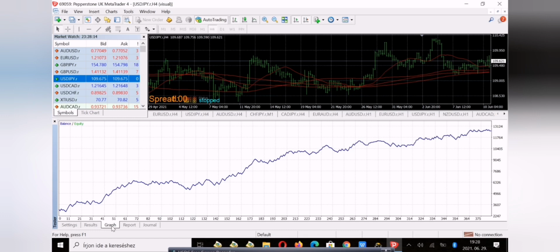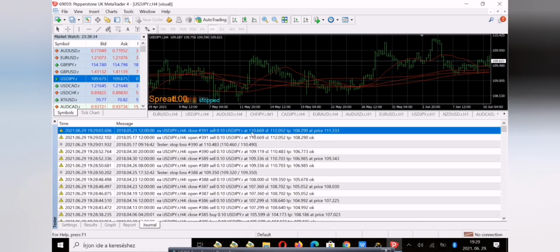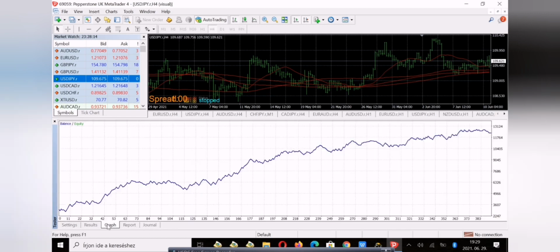But these parameters are really helpful when you want to forward test and optimize, and then forward test your EA to train it to the live markets, because it is proven that these parameters mathematically can help reduce the losing trades, and not just the account blowing events. So they are really, really helpful.